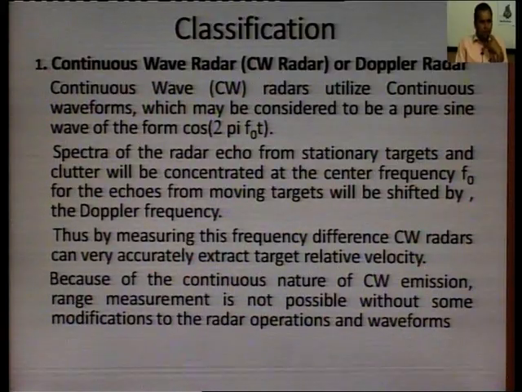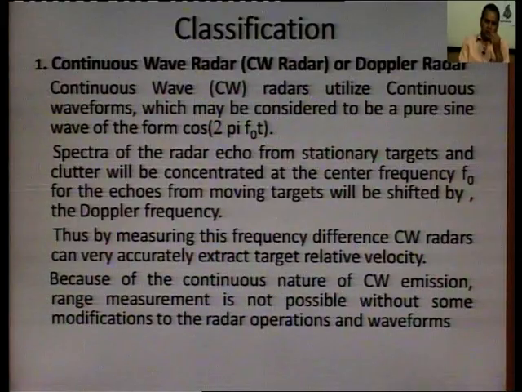Spectra of radar echo from stationary targets and clutter will be concentrated at center frequency f naught, while the echoes from moving targets will be shifted by the Doppler frequency. Thus, by measuring this frequency difference, CW radars can very accurately extract target relative velocity.